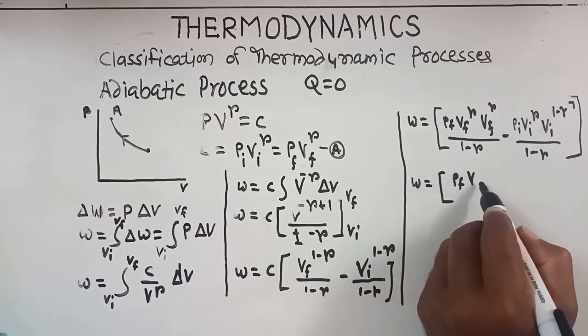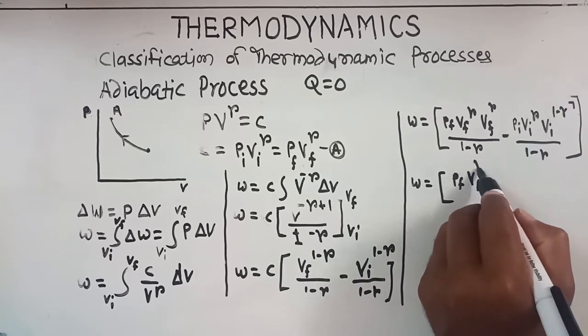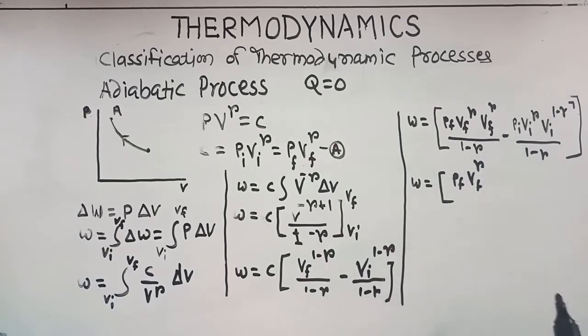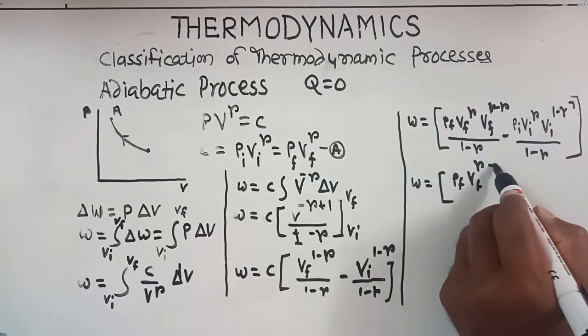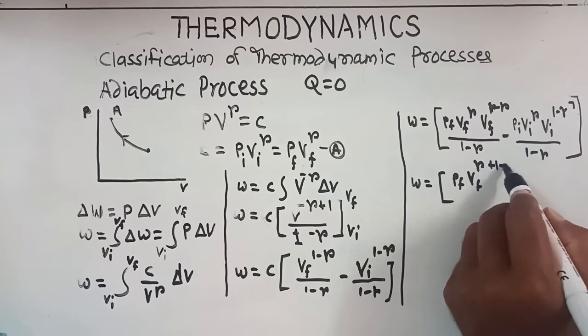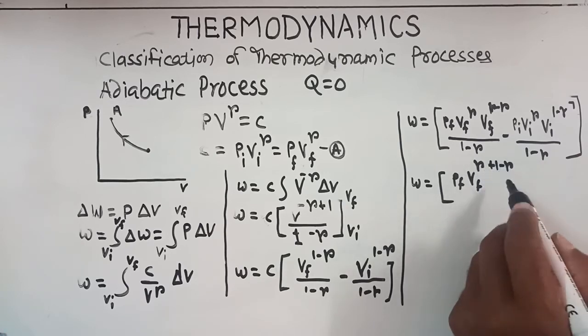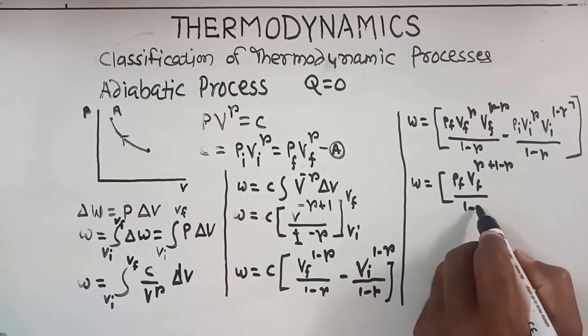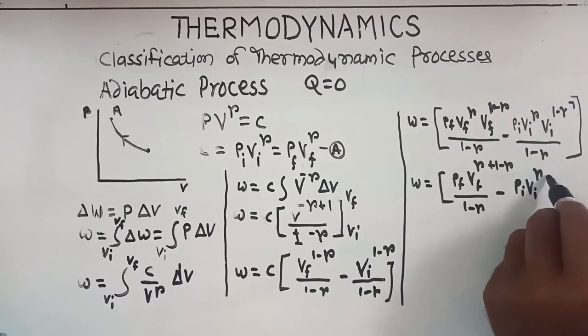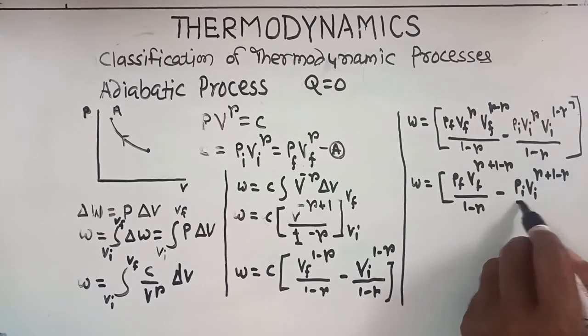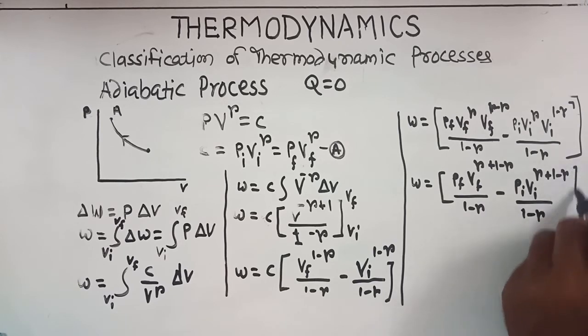Now this W is equal to Pf Vf raised to gamma, and this term here, Vf raised to 1 minus gamma. Actually here it is gamma plus 1 minus gamma, so this gamma gets cancelled, divided by 1 minus gamma, minus Pi Vi raised to gamma plus 1 minus gamma divided by 1 minus gamma.